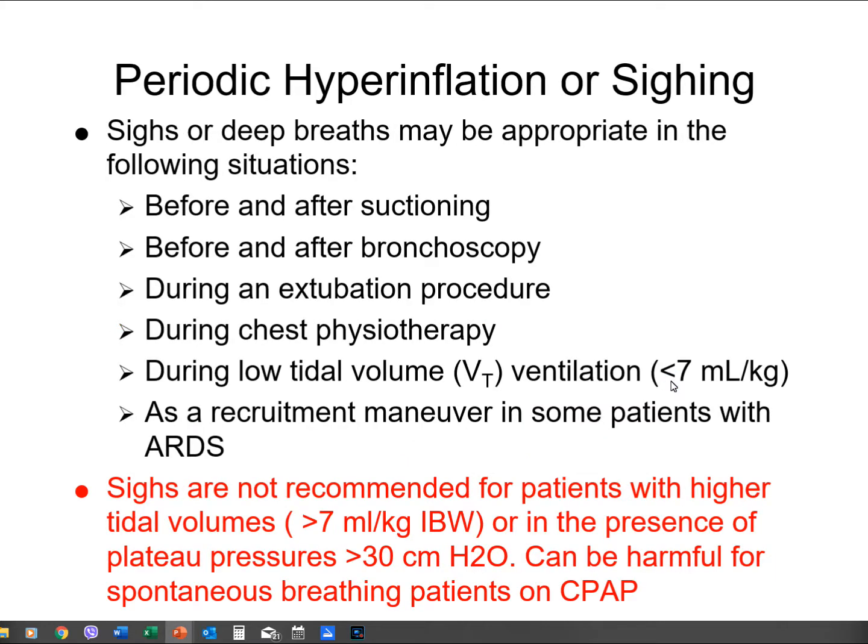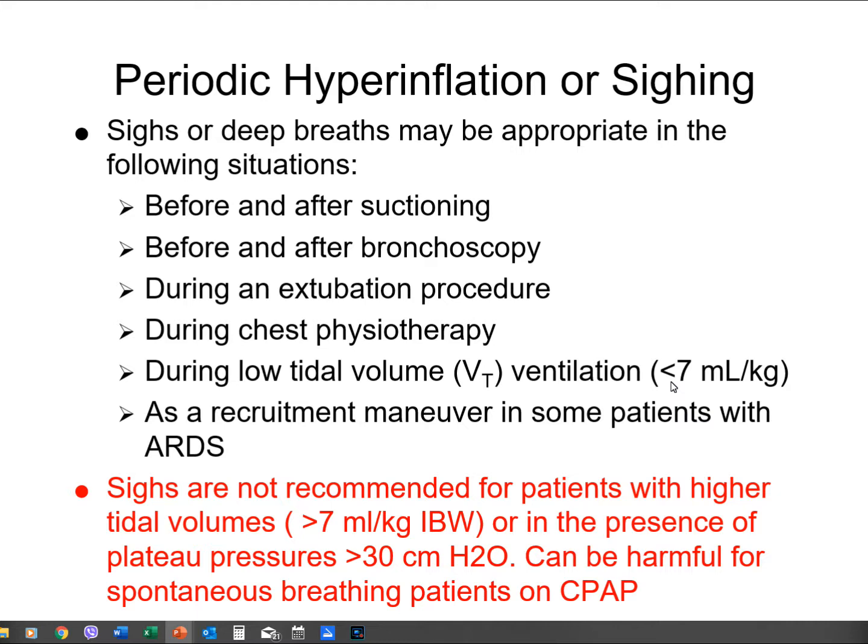Okay, so there are times where we're going to have to do some type of hyperinflation or sighing. So when you sigh, you just take a rather deep breath. You're not really thinking of breathing in very, very deep like you're doing an incentive spirometer. It's a short but deep breath.